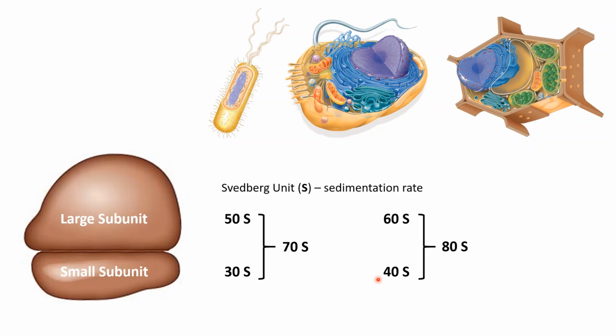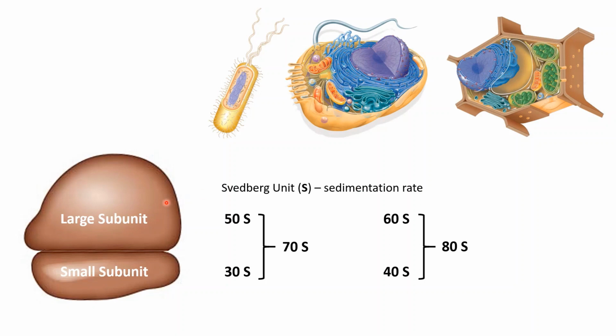Okay, S is actually sort of a unit, but it's not really a unit of measure. It stands for Svedberg. A Svedberg unit stands for the sedimentation rate, meaning the time it takes for the subunit to sediment onto the bottom of, say, a test tube.